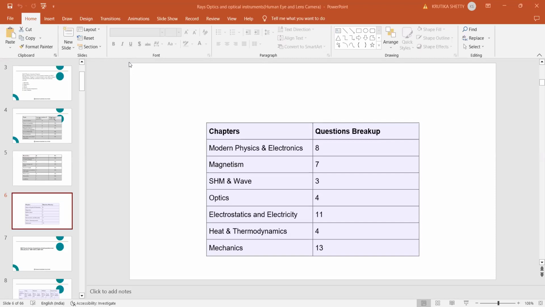Then magnetism ಮೇಲೆ 7, SHM, that is simple harmonic motions ಅಥವಾ oscillations waves ಮೇಲೆ 3, ಮತ್ತೆ optics ಮೇಲೆ 4 ಬರುತ್ತೆ. Then electrostatics and the electricity, it is 11, heat and thermodynamics 4, then mechanics part you will get the 13. Okay, so this is chapter wise. ಅಂದ್ರೆ ಇದನ್ನ ಏನ್ ಮಾಡ್ತಾರೆ ಅಂತಂದ್ರೆ like 2-3 lessons ಅನ್ನ ಒಟ್ಟಿಗೆ ಸೇರಿಸಿ the weightage is given here.